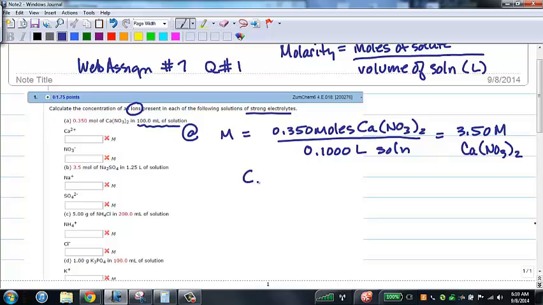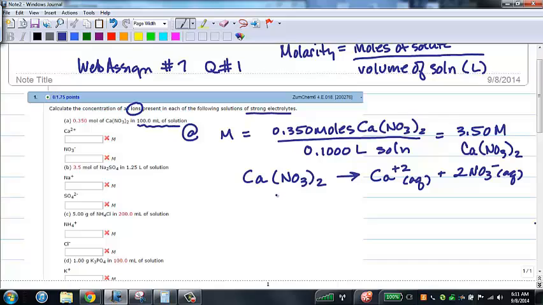So we have to take into account that when calcium nitrate gets into solution, it breaks apart into one calcium ion and 2 nitrate ions. So if the concentration of calcium nitrate is 3.5 molar at the beginning, after it dissolves, there won't be any left.